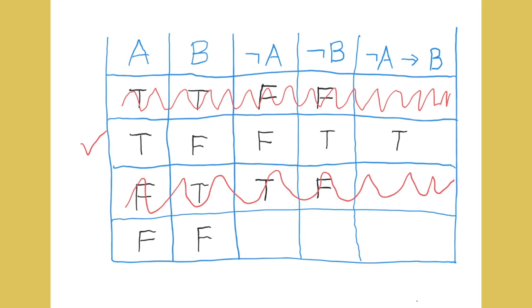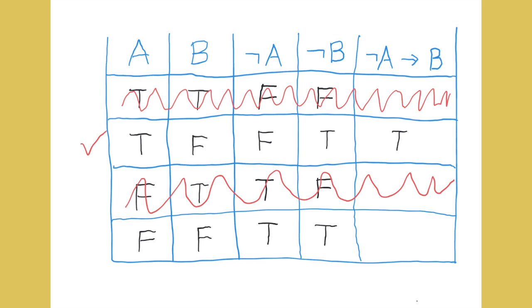In our fourth and final row, where both A and B are false, the values in the third and fourth columns that are the negations of these basic propositions are both true. On to the fifth column, if not A, then B. In this case, we have a situation in which the if is true and the then is false.